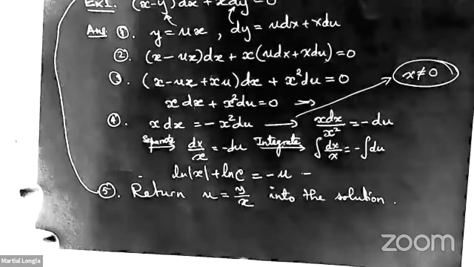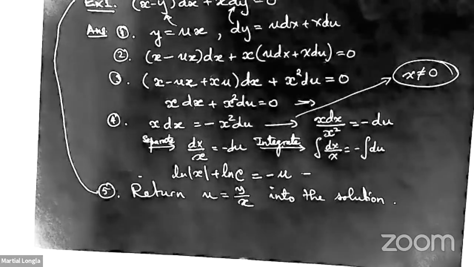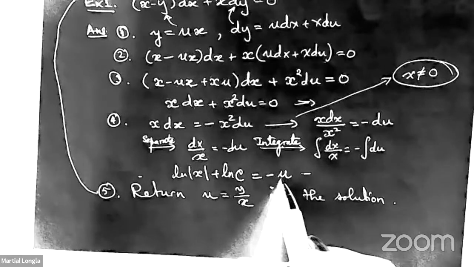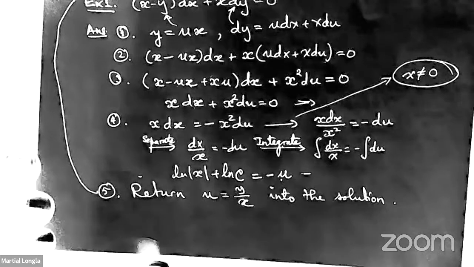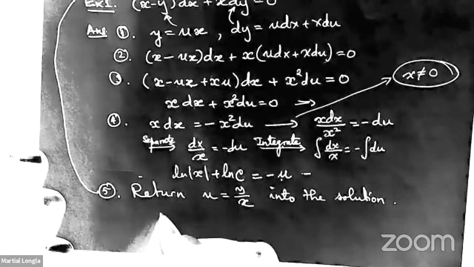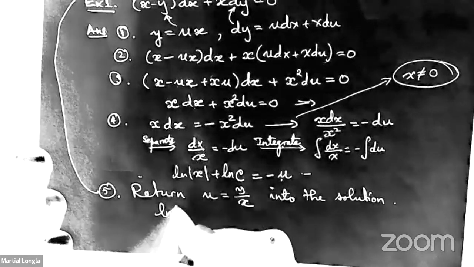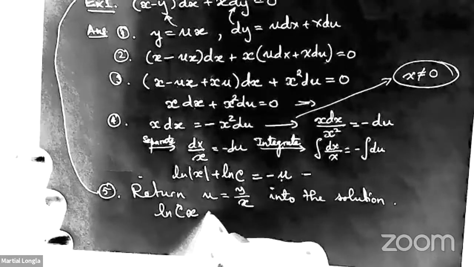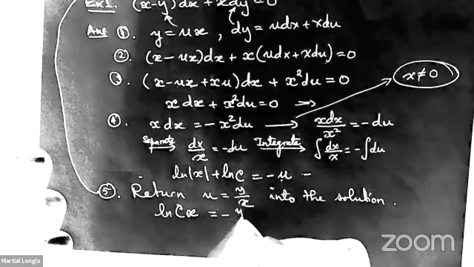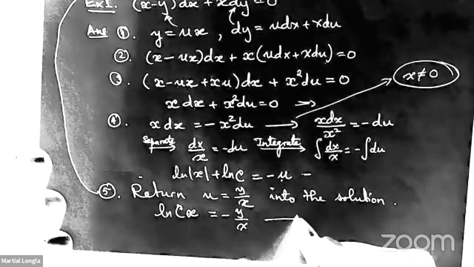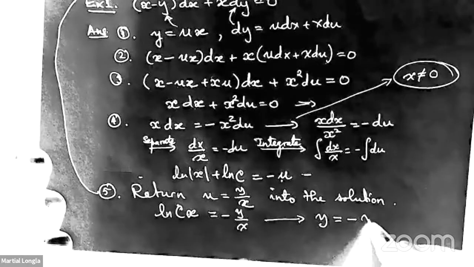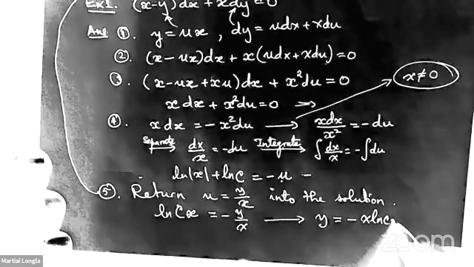Here you have u, but the problem was not given to you in terms of u. It was in terms of x and y. So when you do that, you return that here. You got ln of cx, I put these together, equals minus y over x, or y equals negative x natural log of cx.